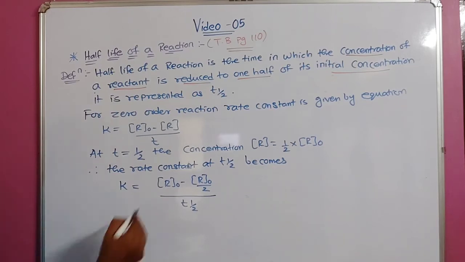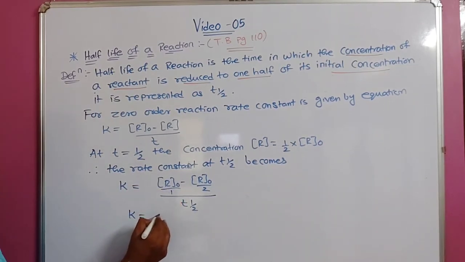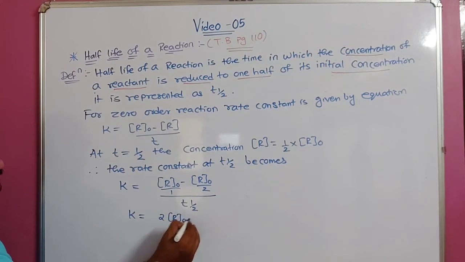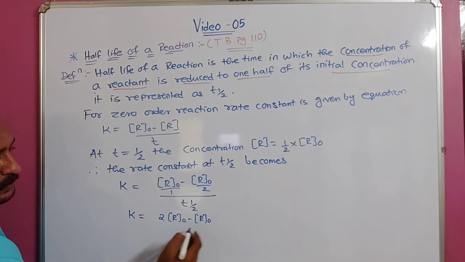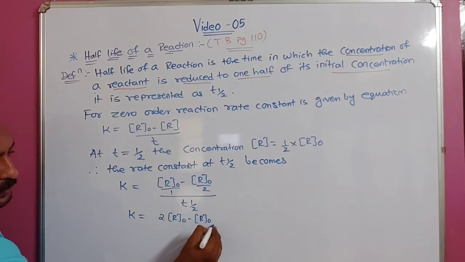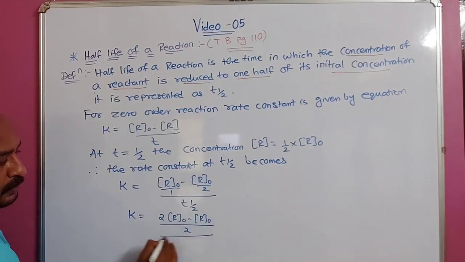Understood? So now here, if you take LCM, K will be equal to 2 into R0 minus R0, whole upon 2, whole upon T half, like this it will be. Is it clear? I think this part is clear to you.